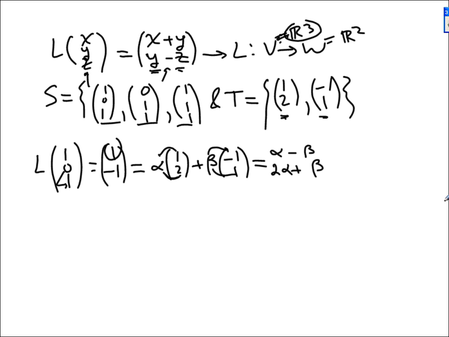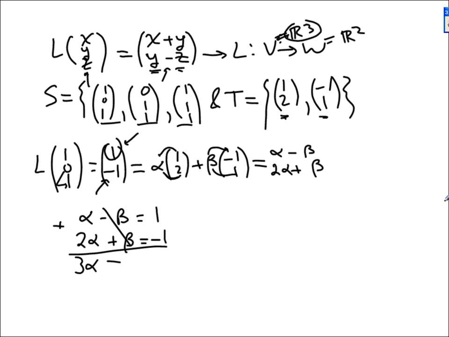So let's write it down. Alpha minus beta is 1, and 2 alpha plus beta is negative 1. Now, if I just add these, I get 3 alpha, but the betas cancel, and this equals 0. So alpha is 0.